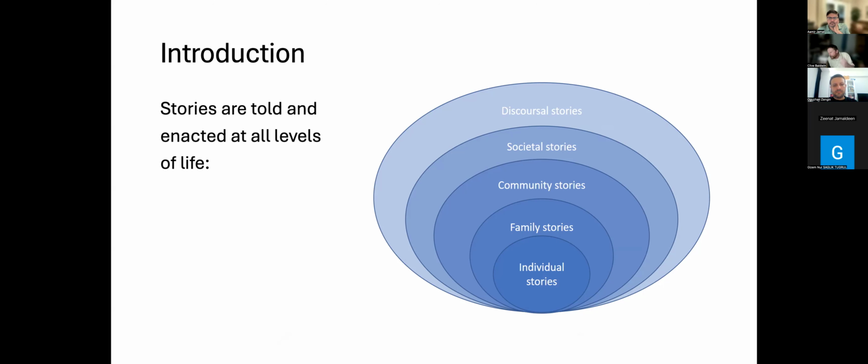The individual: we all tell stories about our lives, we tell ourselves stories about what's happening, and we tell other people stories about what's happening, with us as the focus.